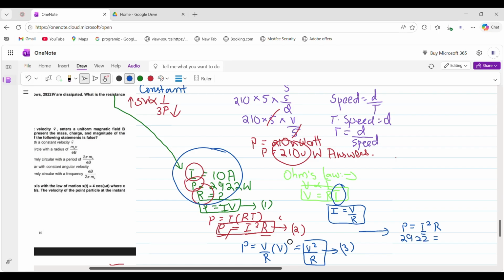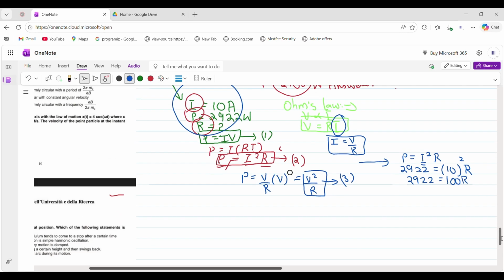Instead of current, 10 is given, so I square, which means 10 square into R. So 2922 is equal to 10 into 10 is 100 into R. We are supposed to find R only. So 100 is multiplying with this R, when it goes there, it will be divided. So 2922 divided by 100. Basically I can write it like this as well.